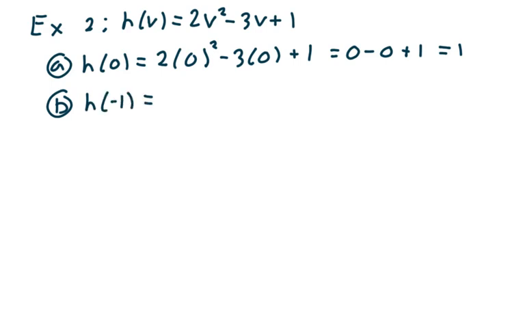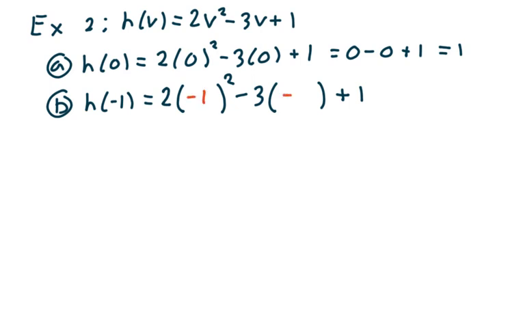Now, when you start getting into negatives, what I would encourage you to do is, instead of writing a v, start off by replacing v with open parentheses. Because in those open parentheses, I'm going to put in a negative 1.